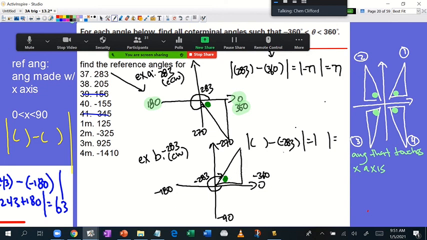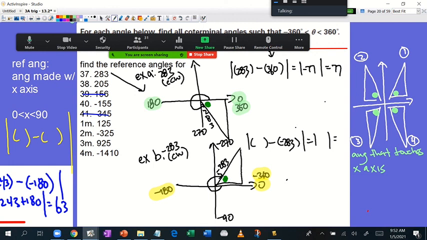Again, if we look at the yellow highlights, I'm going to write the negative 283 right over here. And just to be consistent, I should write this 283 all the way to the end also.